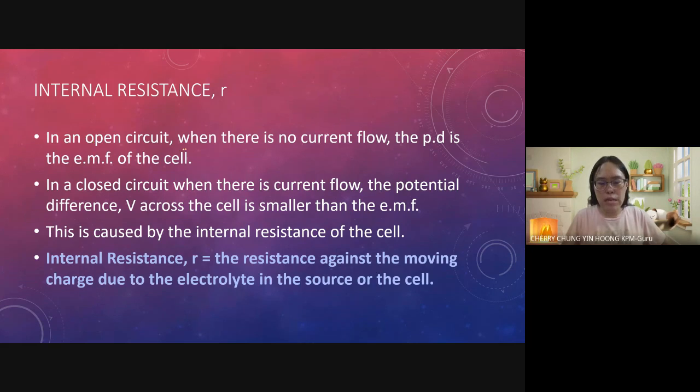In an open circuit, let's repeat once more. If there is no current flow, the potential difference is the EMF of the cell, which means the electromotive force.